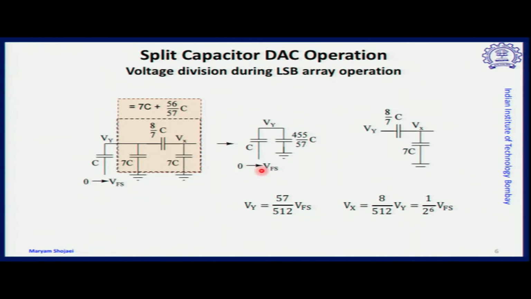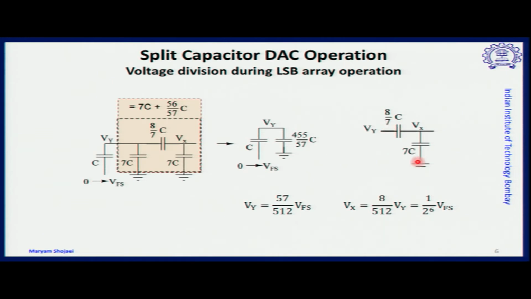If we simplify it, eventually Vy, which is on the left side of the capacitor C, will be a capacitive division between C and 455/57C.